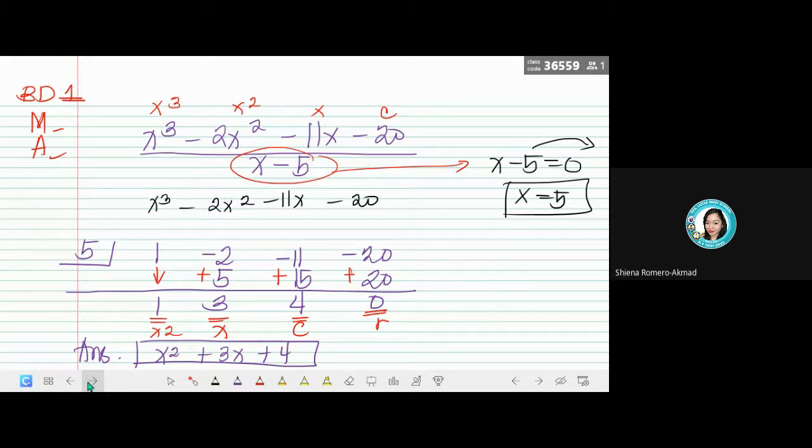Siguraduhin mo na dapat kompleto lahat ng terms. Dapat maayos yung pagkaka-arrange mo sa kanila. Pagkakakopya mo ng mga terms and yung numerical coefficient at yung pagkuha mo ng variable x. And I guess naman, magiging madali na yon sa part ninyo.